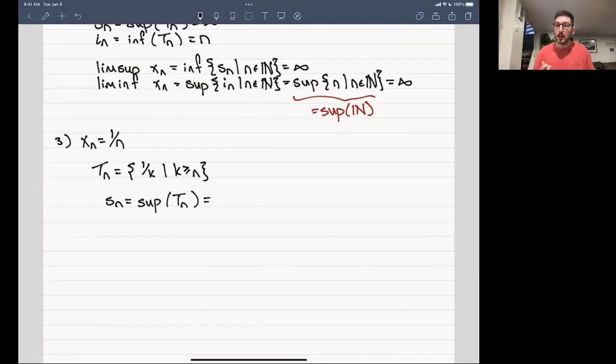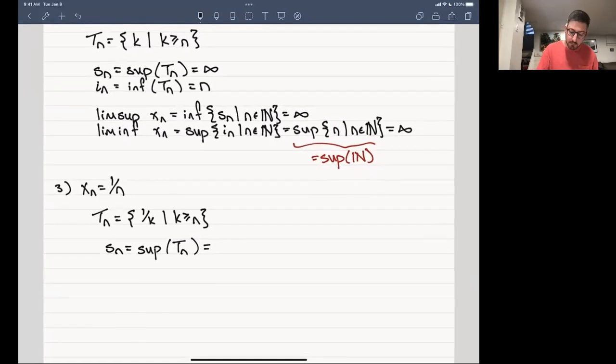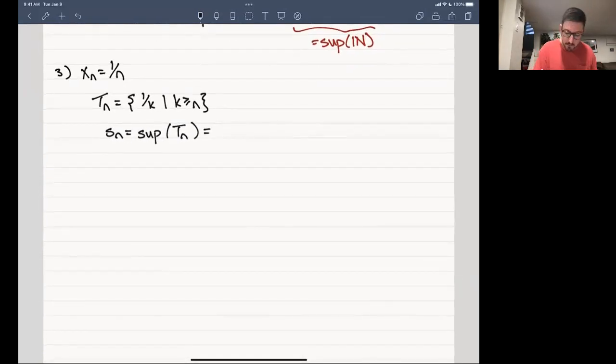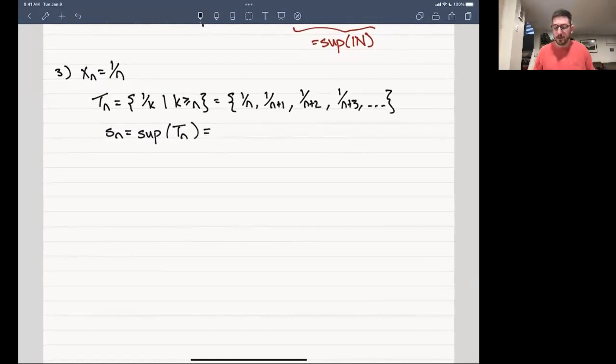Well, in this case, the biggest number this thing can take on is 1 over n. So you're basically flipping what we did in the second example. If you need to, maybe write this out. So this would be 1 over n, 1 over n plus 1, 1 over n plus 2, 1 over n plus 3, and so on and so forth. And you can see the biggest number this takes on is 1 over n.